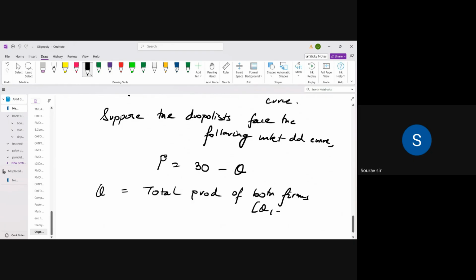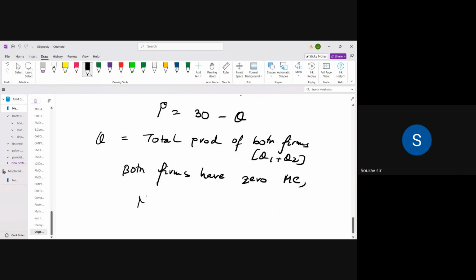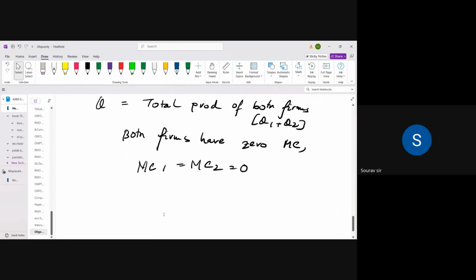So that is Q1 plus Q2. And we consider that both firms have zero marginal cost. So that is MC1 equals MC2 equals 0. Now we can determine the reaction curve of firm 1.